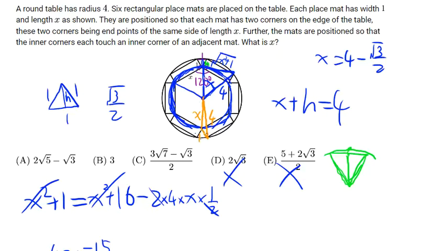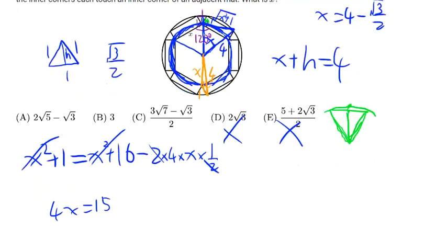This is way more convenient. I think I just made a baby area mistake. I completely forgot about this triangle. This is x. This is 150 degrees because this is 90, this is 60, so this is 150 degrees. Oh man, I made the biggest error ever.